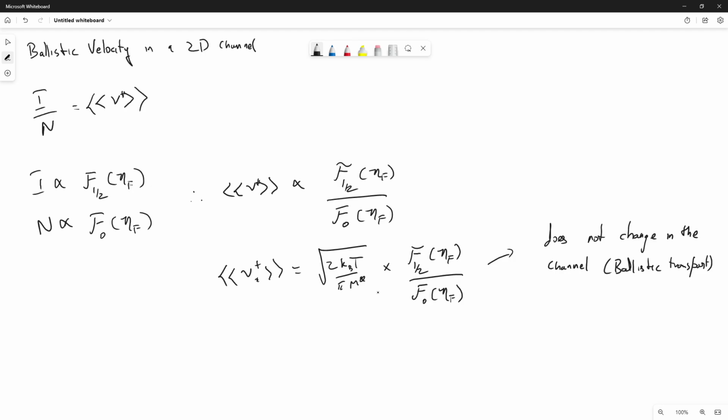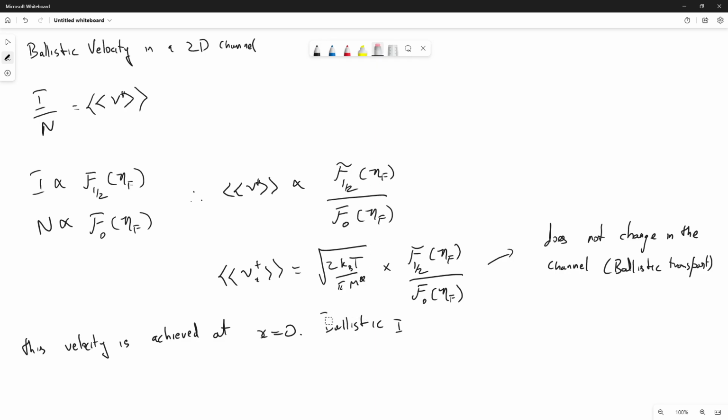So it is achieved at x equal to 0. Now do you understand why I introduced the x equal to 0 concept before? So this velocity is achieved at x equal to 0, and it is therefore called the ballistic injection velocity.